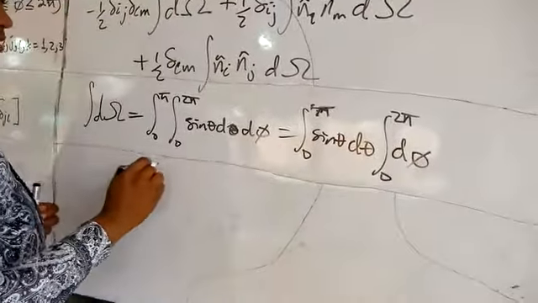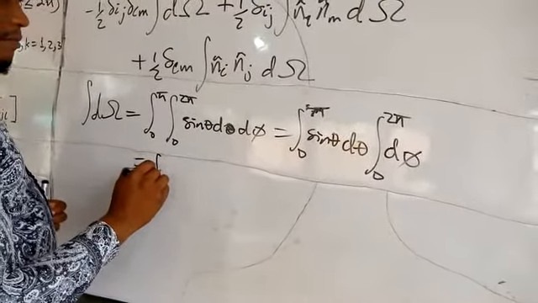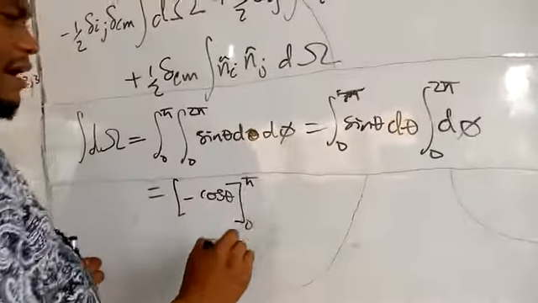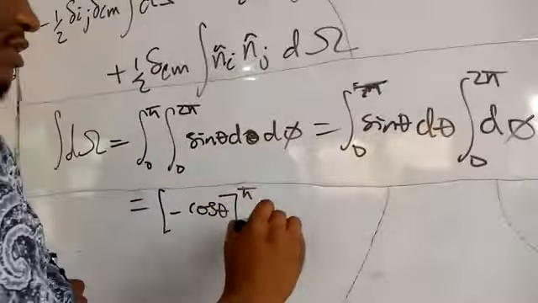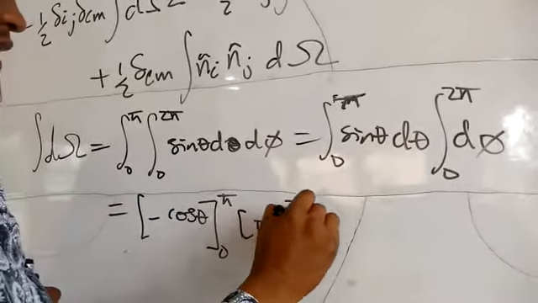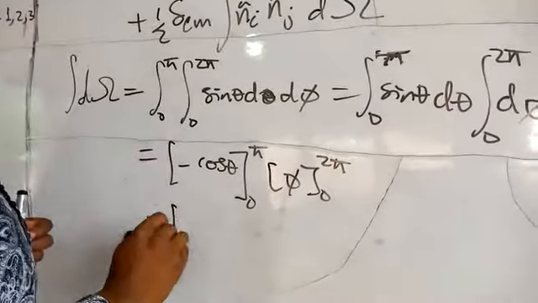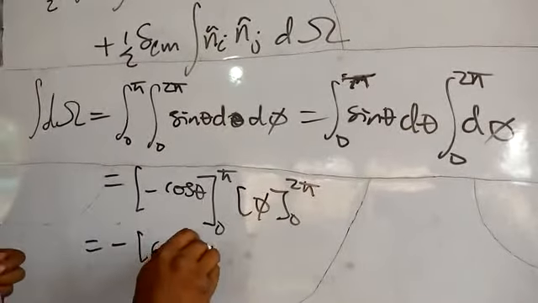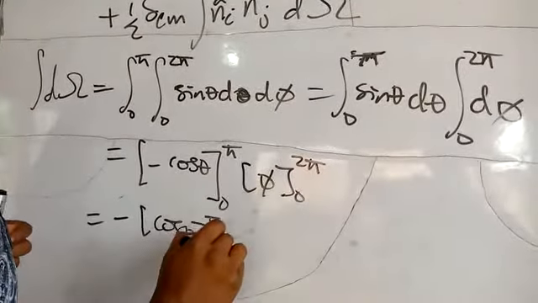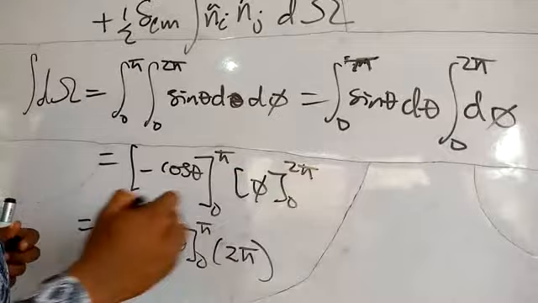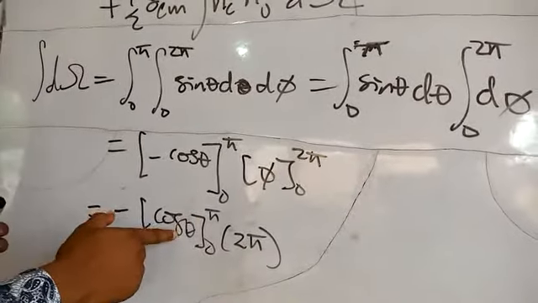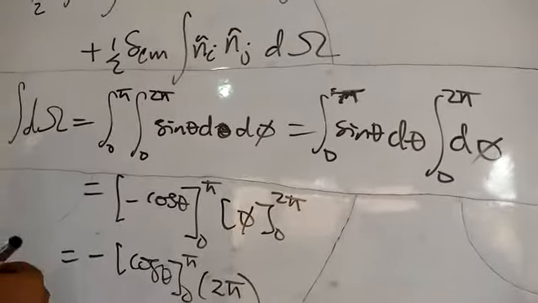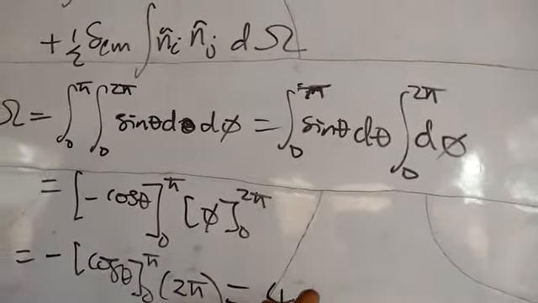This, of course, becomes minus cos theta, 0 to pi, and then this gives us simply phi of 0 to 2 pi. And of course, as usual, I can pull out that minus sign, and then I have here 0 to pi, and this will simply give me 2 pi because it will be 2 pi minus 0. Minus 1 is minus 2, times this one here is just 2, so this is 4 pi.